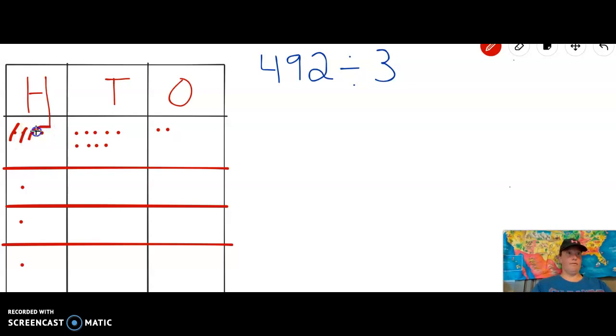I have a leftover. So we know that this becomes tens, and there should be 10 tens in 100. So I have 5, 10, 15, 19.